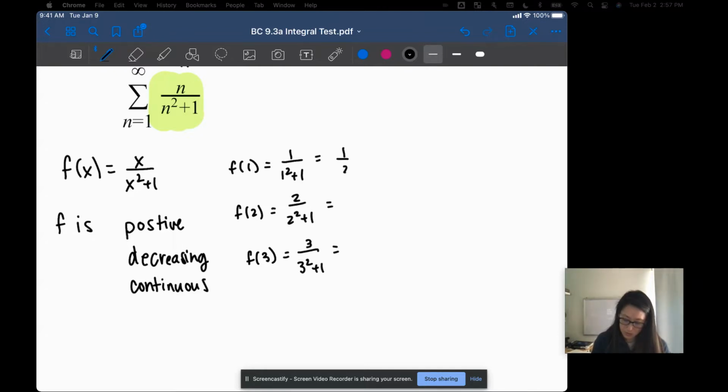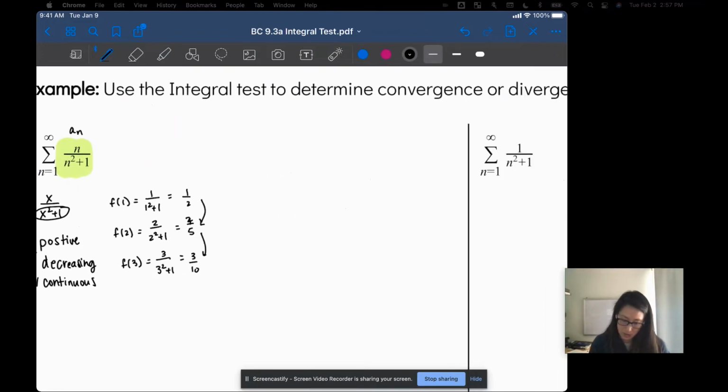So 1 over 2, 2 over 5, and 3 over 10. So I can see as the x's increase, the values are all positive outputs. We are decreasing, and nothing in the denominator is going to make us have a discontinuity. So we fulfilled all of our requirements to use the integral test.